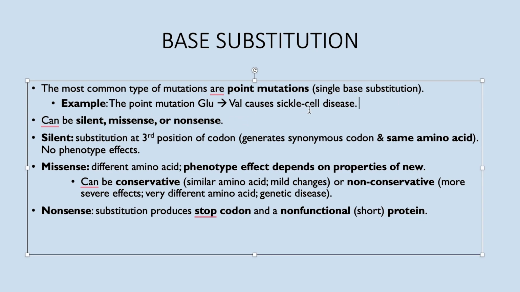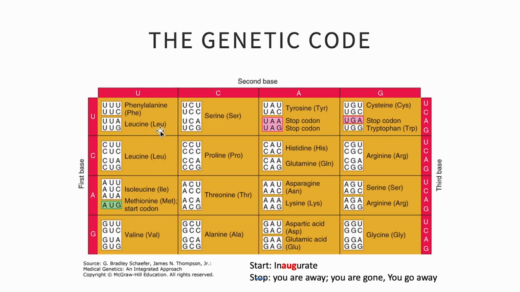A silent mutation will be one in which the substitution occurs generally at the third position of the codon. Remember the examples we saw. If we change this base here, typically we don't have a change of amino acid. Instead of U, we place there a C, we are going to have the same amino acid. Or if we have a G instead of an A, we're going to have the same amino acid.